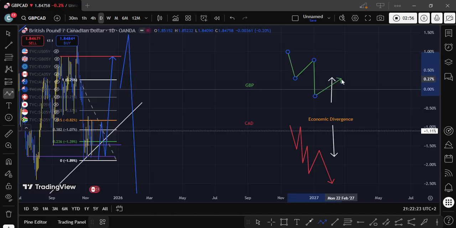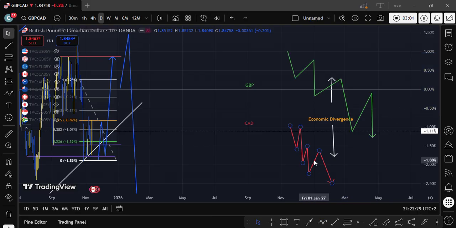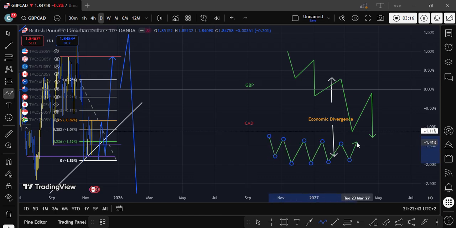The pound needs to collapse all the way down, and the CAD might rather say, I don't want to sell, I want to move sideways. Now, when the CAD moves sideways, it might drive this whole thing to move sideways instead, because the CAD is not getting weaker, it's moving sideways, it is actually strong, and the pound is getting weaker.